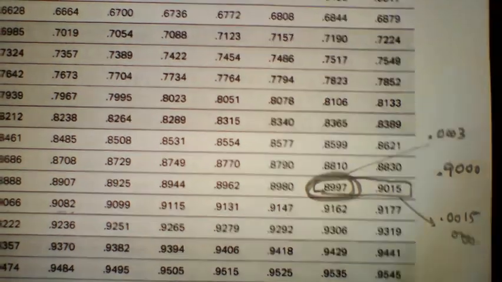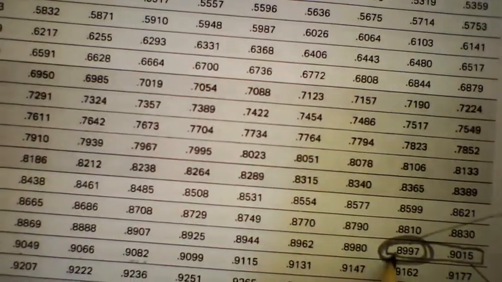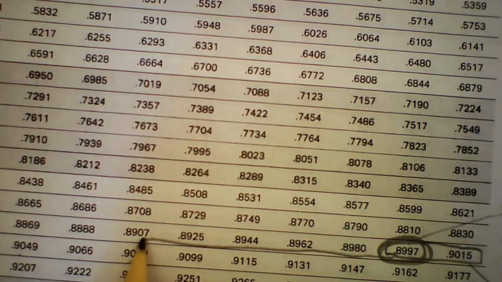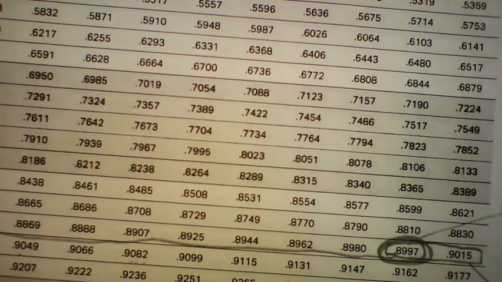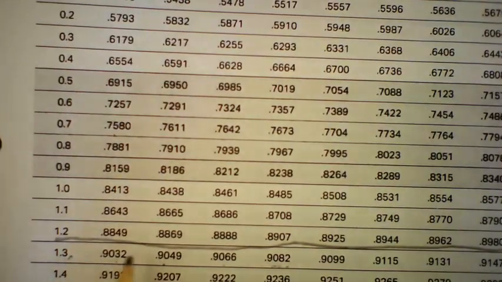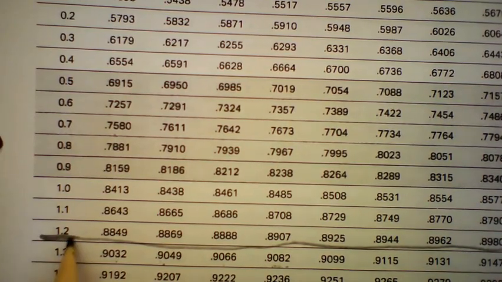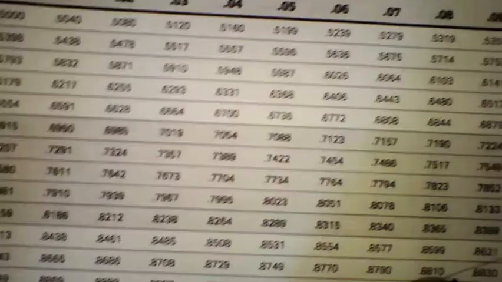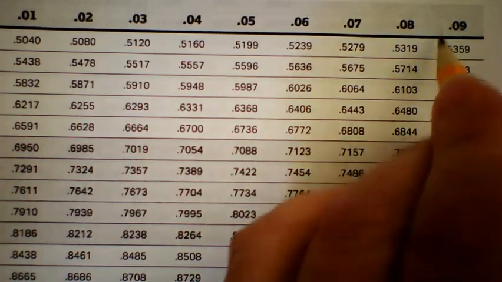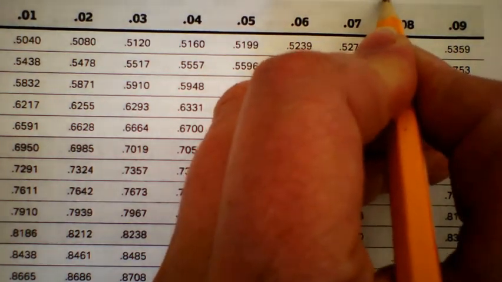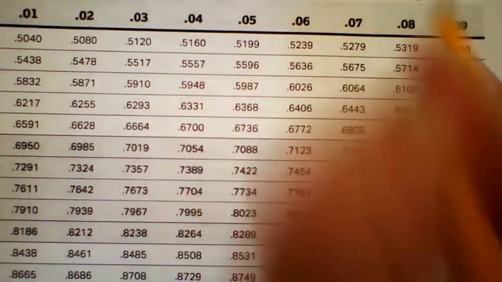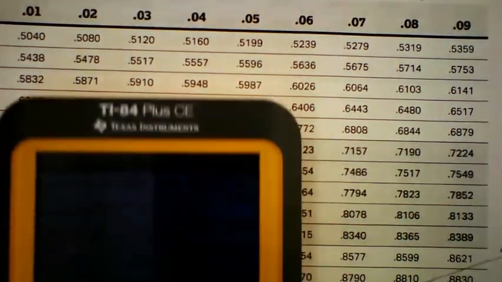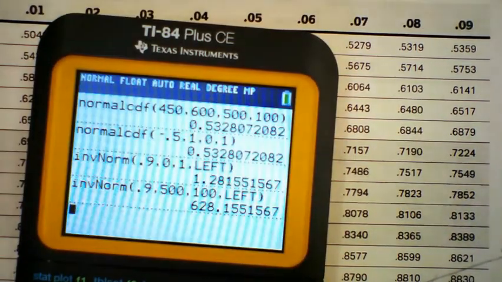This one's closest. So what does that mean? Let's go back to over here. That's 1.2. Go back up here. Okay, 1.28. What did we get with the calculator? I'm turning this thing back on.